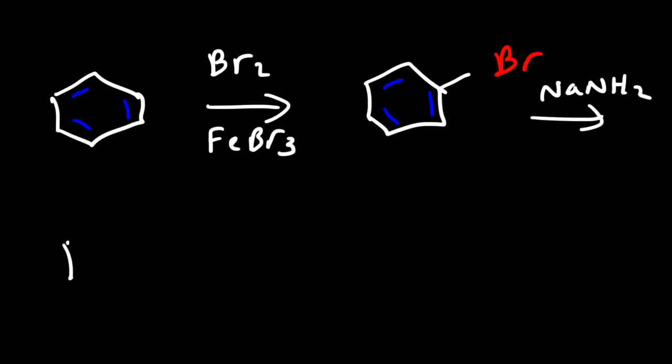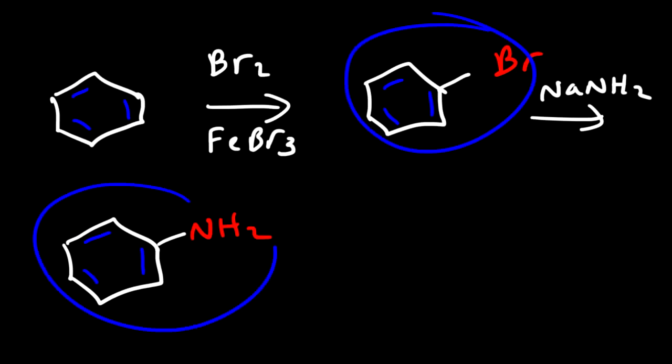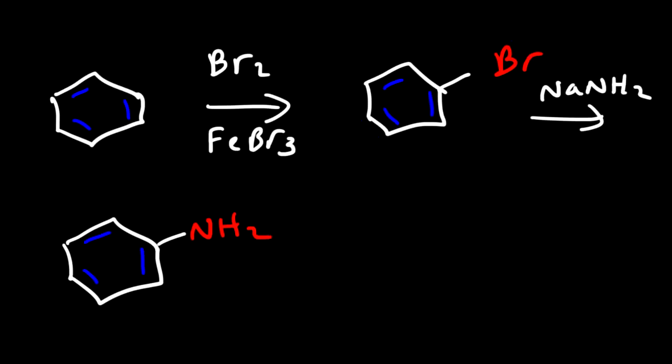The net effect is that the bromine atom will be replaced with an NH2 group. Now, if you want to look up this reaction in your textbook, under the section nucleophilic aromatic substitution reactions, look for something called benzyne intermediate, because that's how bromobenzene is converted to aniline. It's through the benzyne intermediate. So feel free to take a look at that. That's another way in which you can convert benzene into aniline.